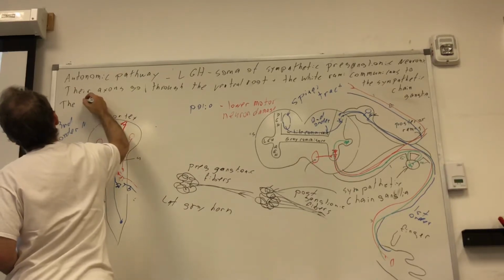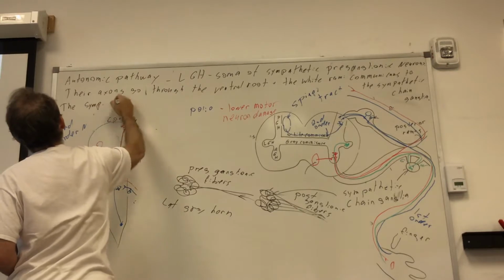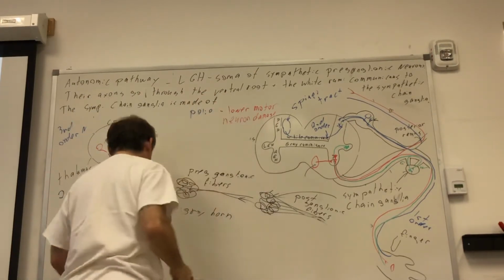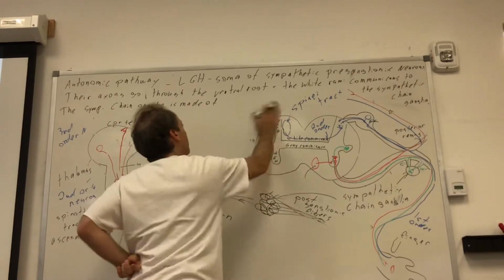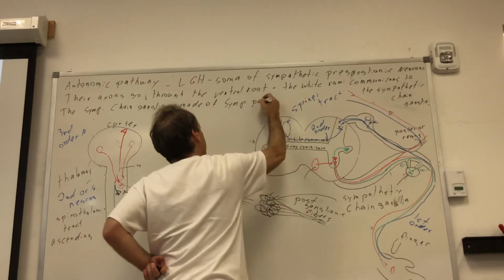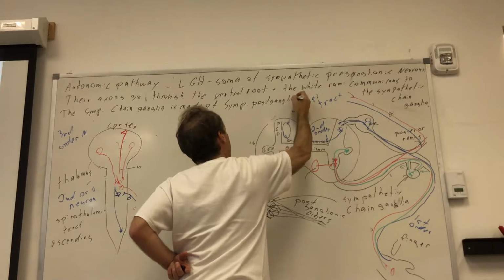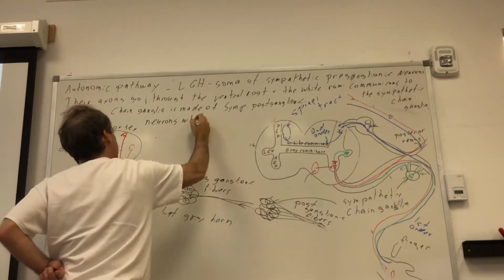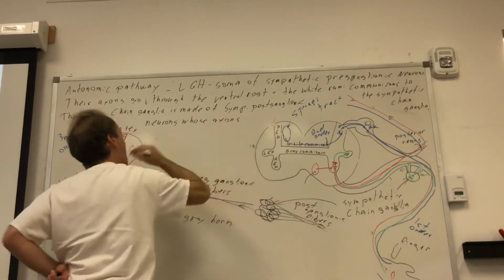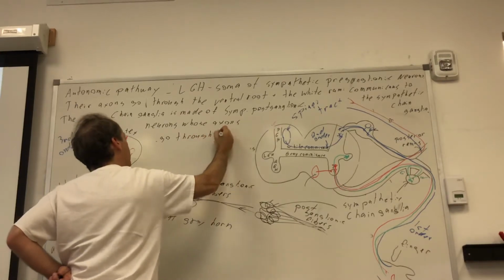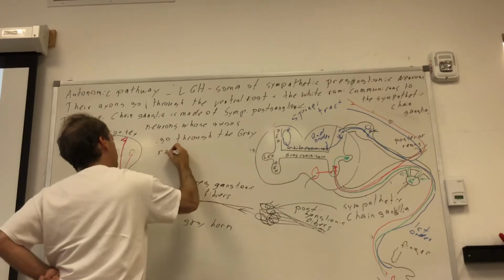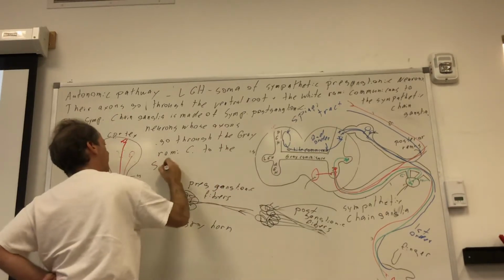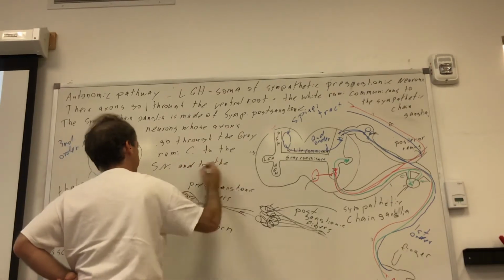The sympathetic chain ganglia is made of sympathetic postganglionic neurons whose axons go through the gray rami communicans to the spinal nerve and to the effector.